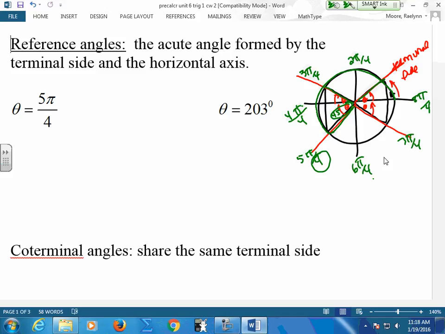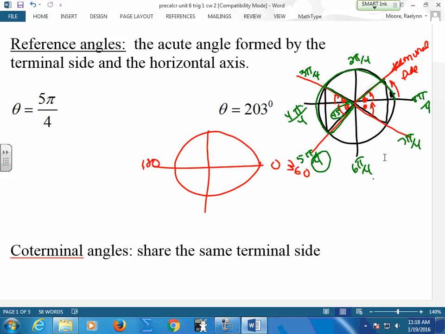Such as this one. It says, what quadrant? I would start here at 0, 180, 360 and rotate around counterclockwise. Where will I terminate? What quadrant for an angle of 203? 3. I'm right past the 180.